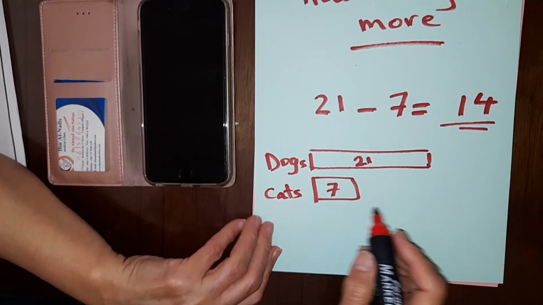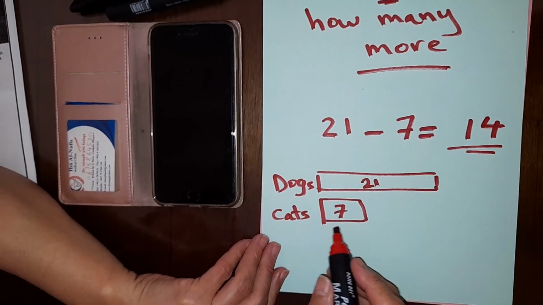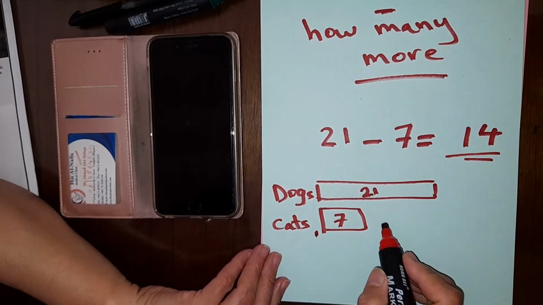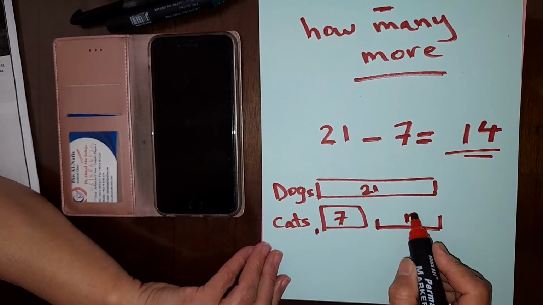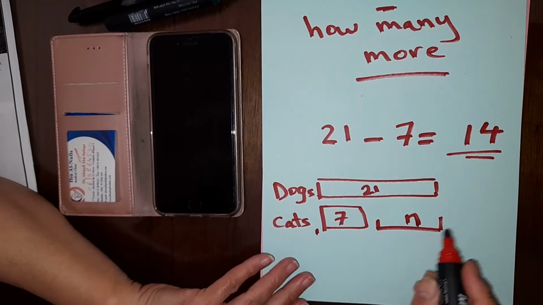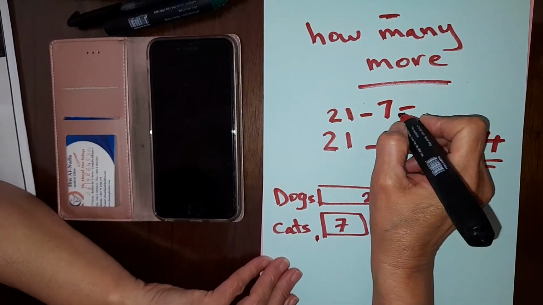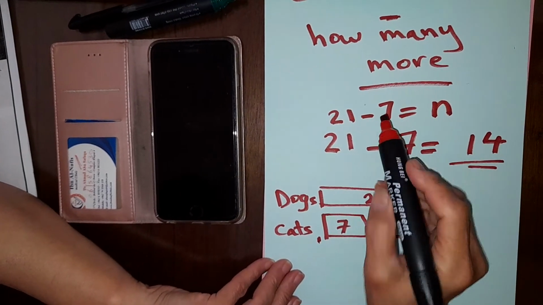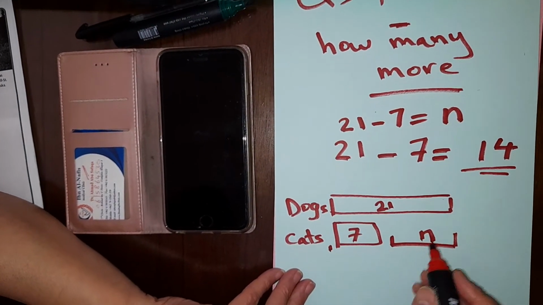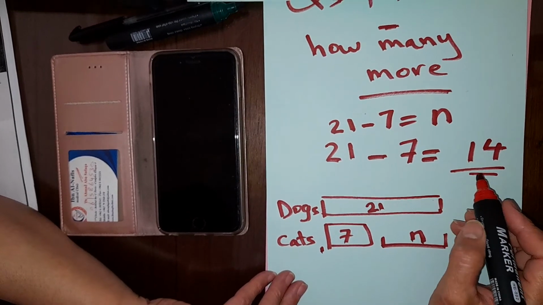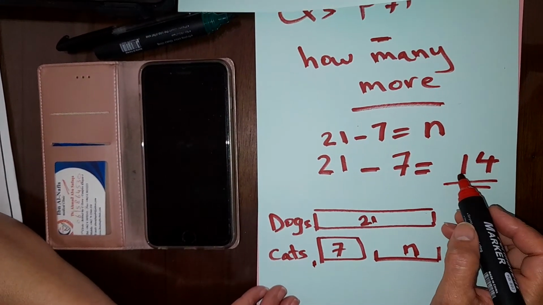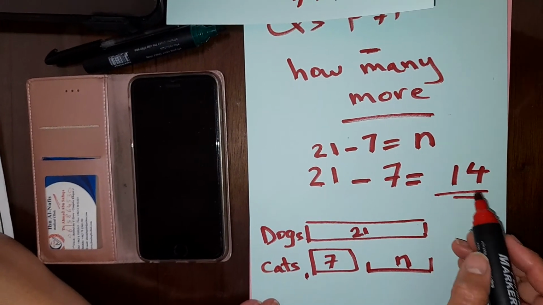This is the value and here is n. So I will say 21 minus 7. I don't know the value of n, so when you subtract, you will find that n is 14. So she trained 14 dogs more than the cats.